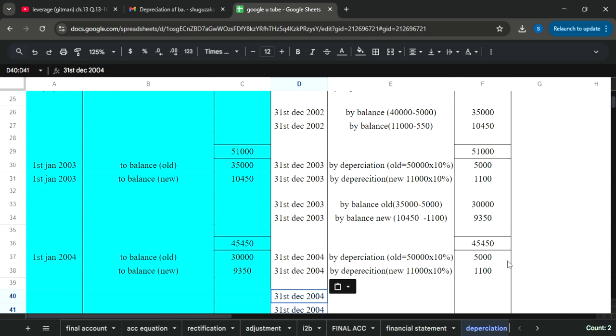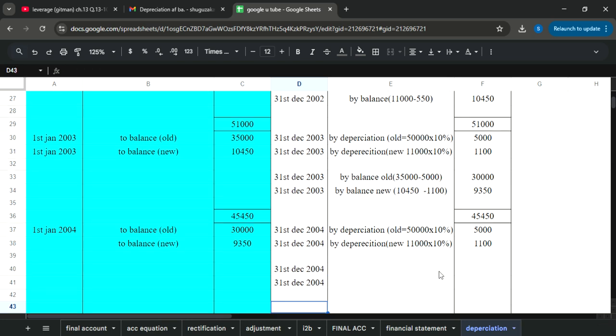How will you calculate your balance? Here in the similar way, first we will calculate the balance for the old asset. How? The amount was 30,000 and you will subtract its depreciation, that is 5,000.